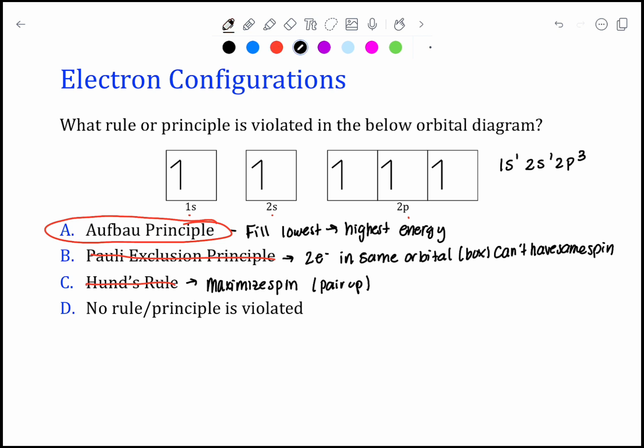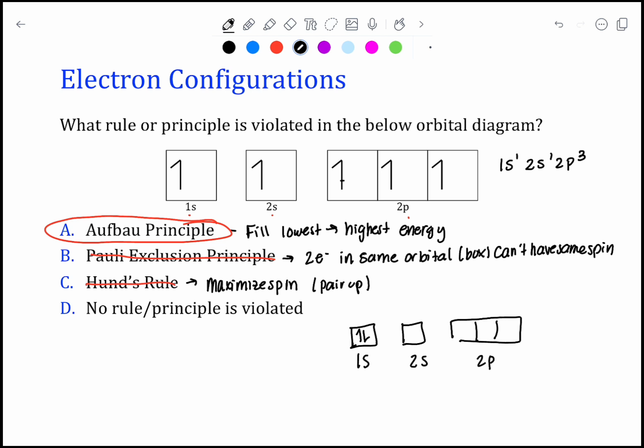So what this should look like is, we have 1s, 2s, 2p. We have 5 electrons to work with. So we do 1, 2. Okay, we filled our 1s. We're following Pauli exclusion because they have different spins.